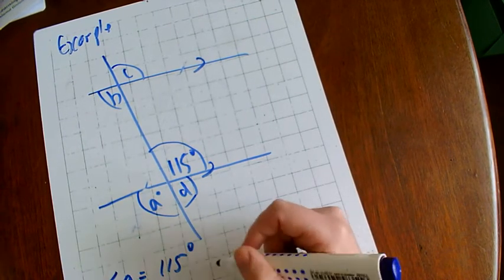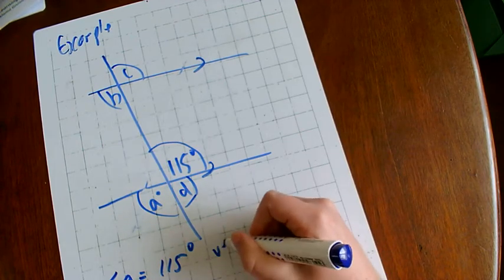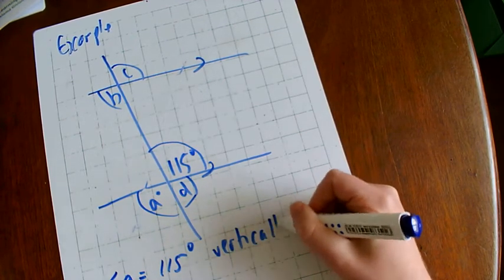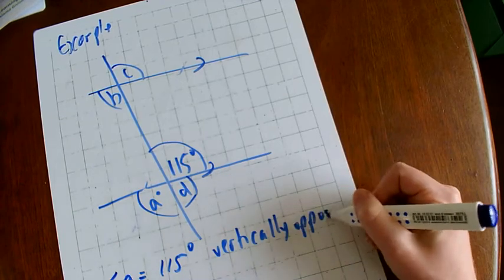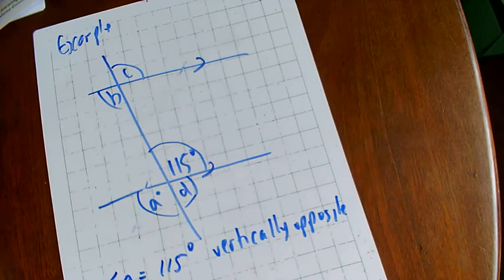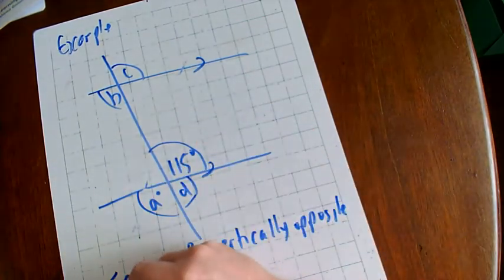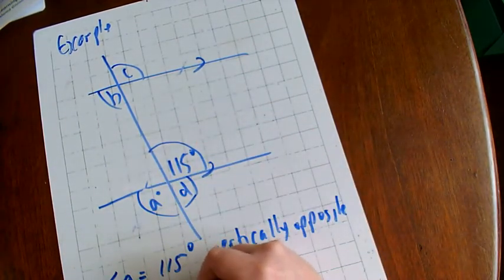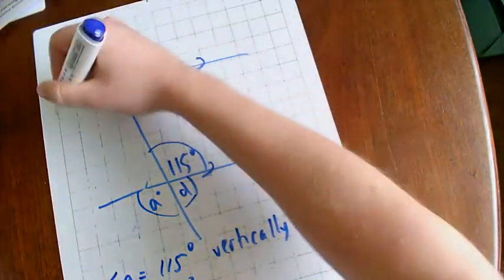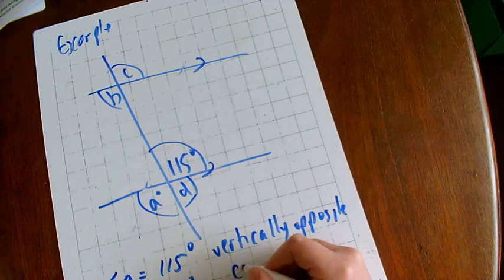And they might ask you for a reason. You could say it's vertically opposite angle. That's what they say. So if A is 115, B, because we'll do it in the order they want, angle B is also 115 degrees. Can you see there's that backwards F shape, and these two are the same because it's corresponding.